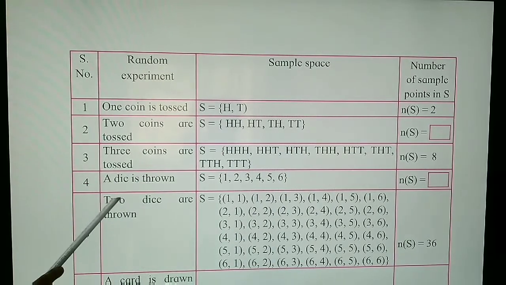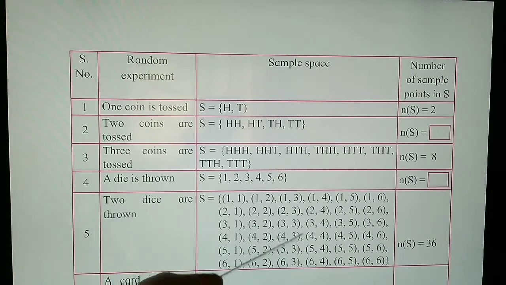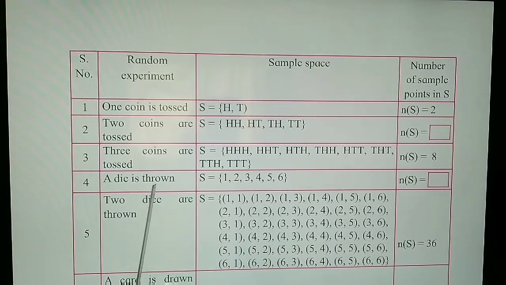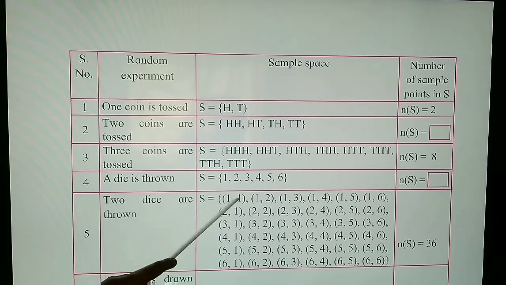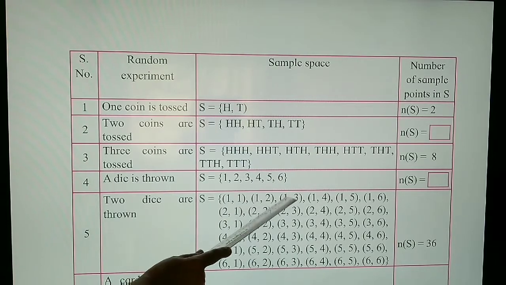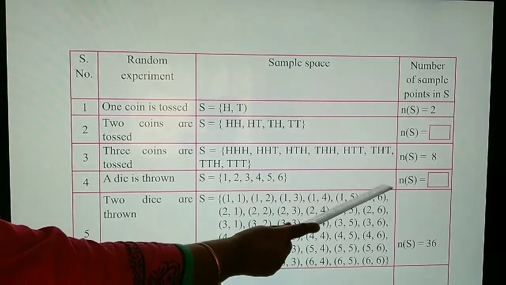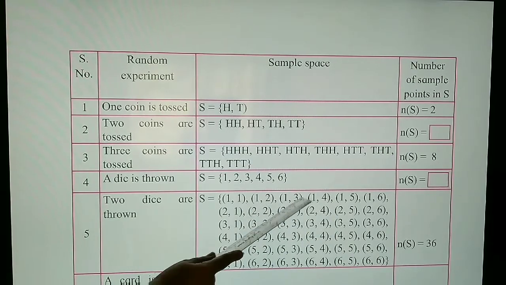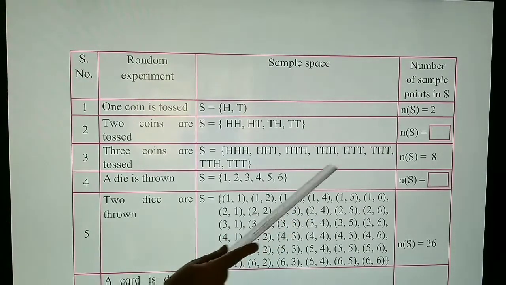Now, next one, 2 dice are thrown. When we throw 2 dice, we get all these possibilities. These are the 36 possibilities. So, when 2 dice are thrown, we write this type of brackets. First we write 1, 1, 1, 1, 1, 1, 6 times, and then we write 1, 2, 3, 4, 5, 6. Same for the second.